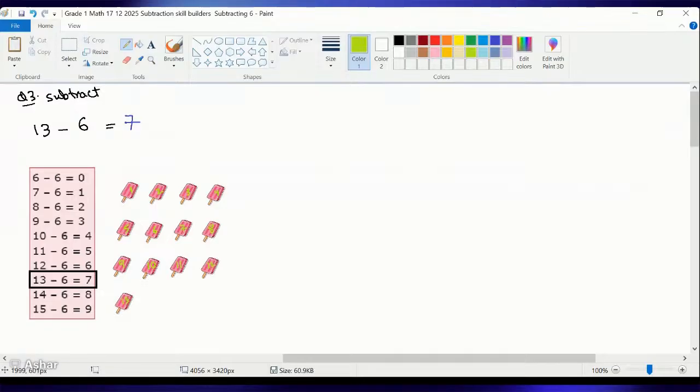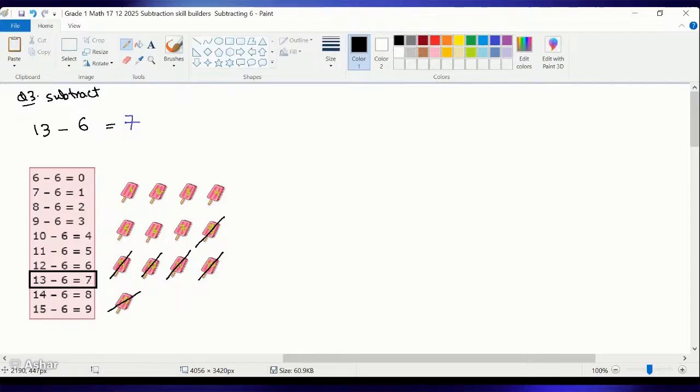If there were 13 ice creams and 6 were eaten, we can remove 1, 2, 3, 4, 5, and 6. So how many ice creams are left? 13 minus 6.